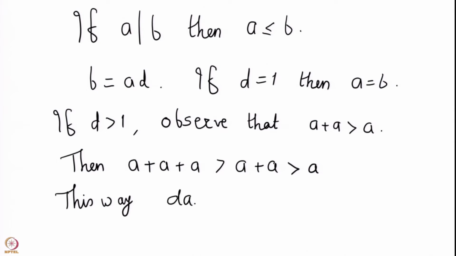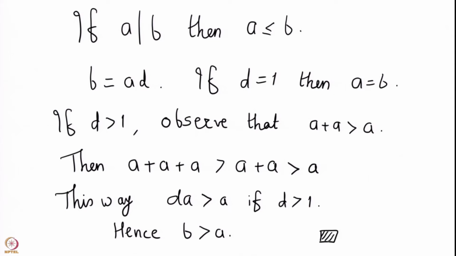D into A, which is A plus A, D times, is going to be bigger than A. And remember, our B was D into A or A into D. This completes our proof.